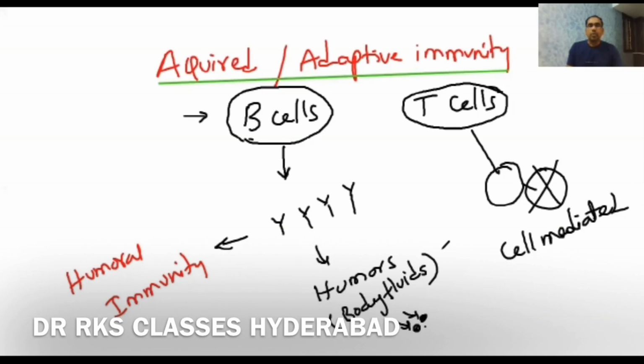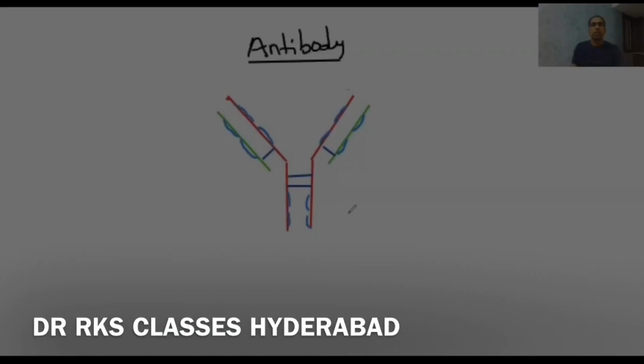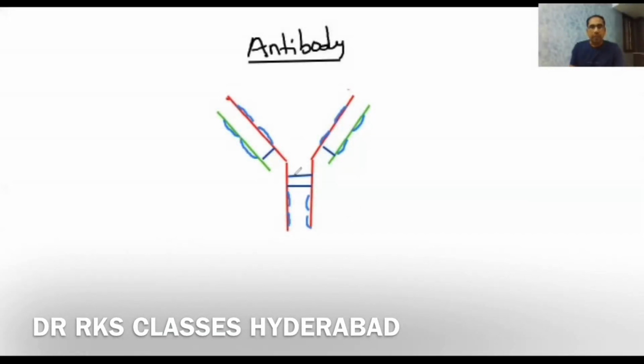Before we discuss humoral and cell-mediated immunity, first let us see the structure of antibody. This is the structure of antibody. The shape of antibody is Y-shape.